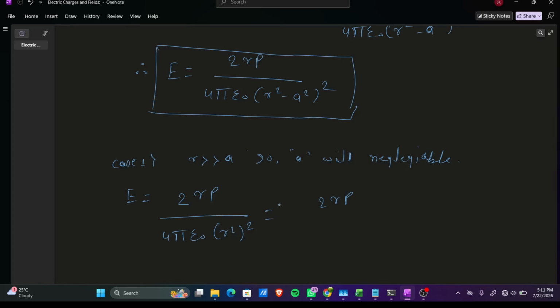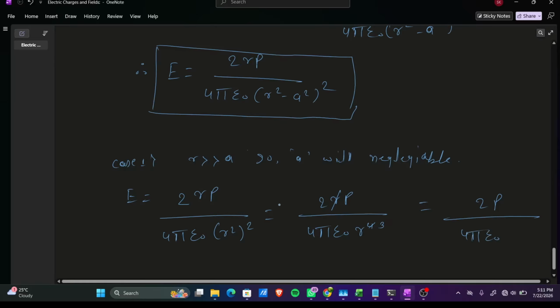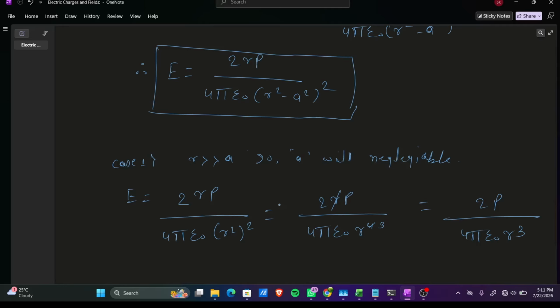So 2rp upon 4 pi epsilon naught, and this will be r to the power 4. So this r and one r will get cancelled out, so the power 3 will remain. So 2p upon 4 pi epsilon naught r to the power 3, if we consider this case. Okay, hope this is clear.